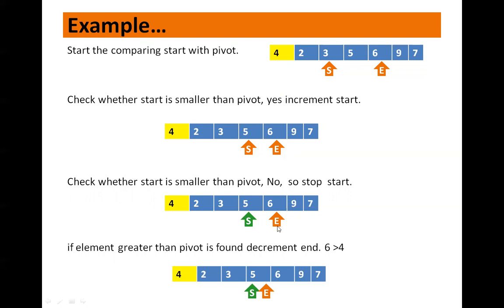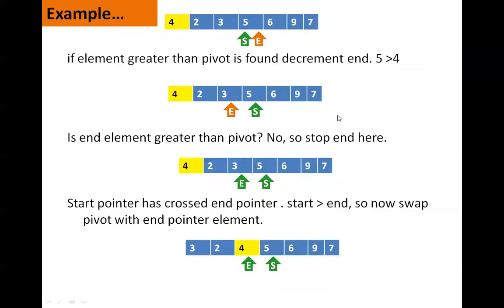Now let us move to the end pointer. Is it greater than the pivot? Yes, 6 is greater than 4, so you decrement the end pointer. Now the start pointer and end pointer are both pointing at the same item, that is 5. Again check whether the end item is greater than the pivot.